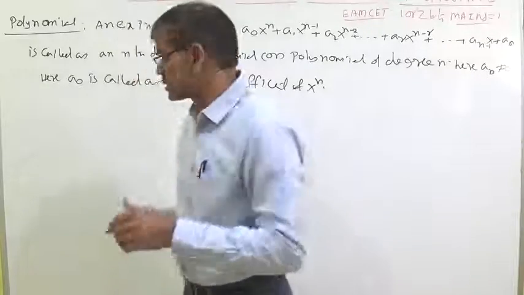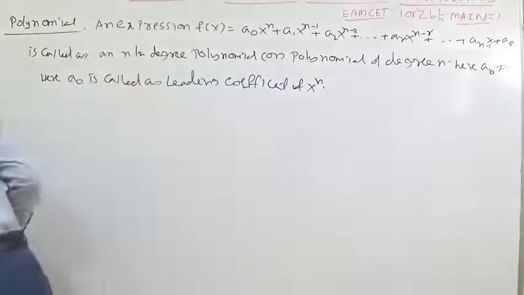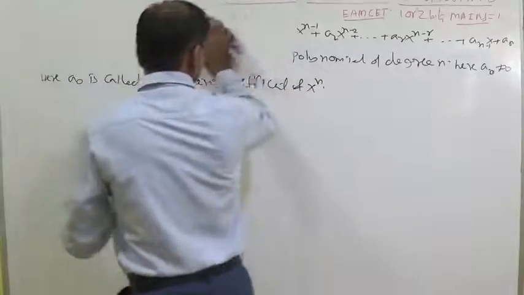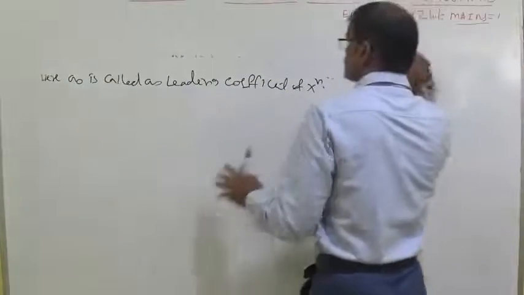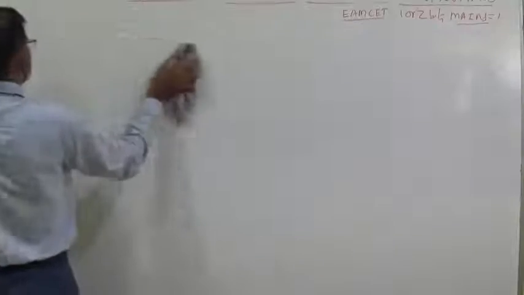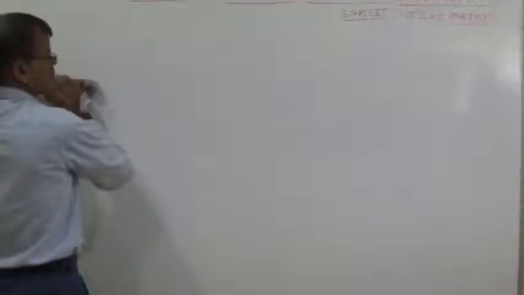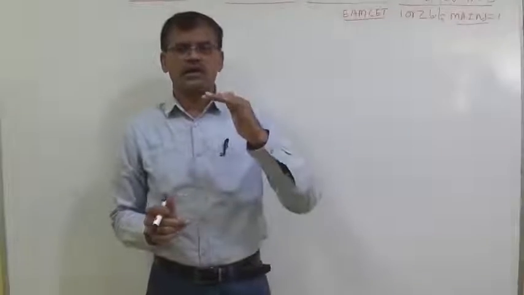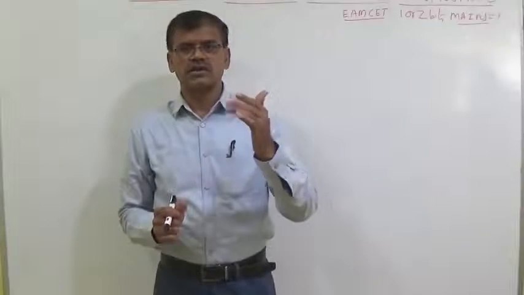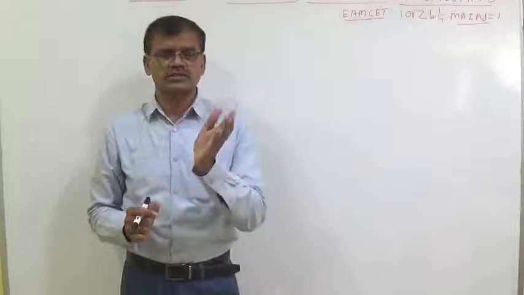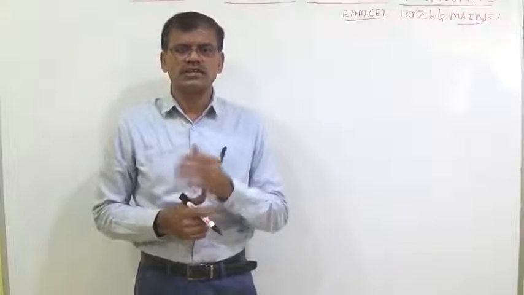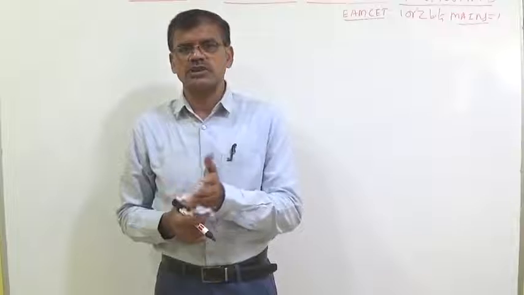Now let us discuss the next definition, quadratic expressions or quadratic equations. In the polynomial definition, so many coefficients are there, a0, a1, a2, a3 and so on. X power n has the largest coefficient. Next, the power of the term is reduced like this, x power n minus 1, later x power n minus 2, later x power n minus 3.